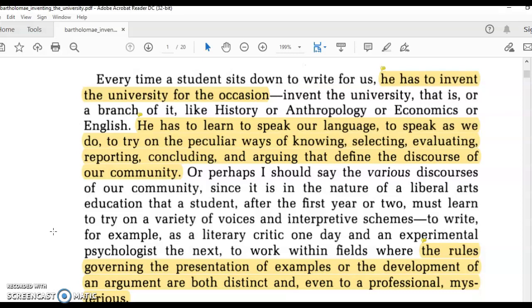If there's more highlighted text than unhighlighted text, that highlighted text isn't really doing very much for me as a reader.